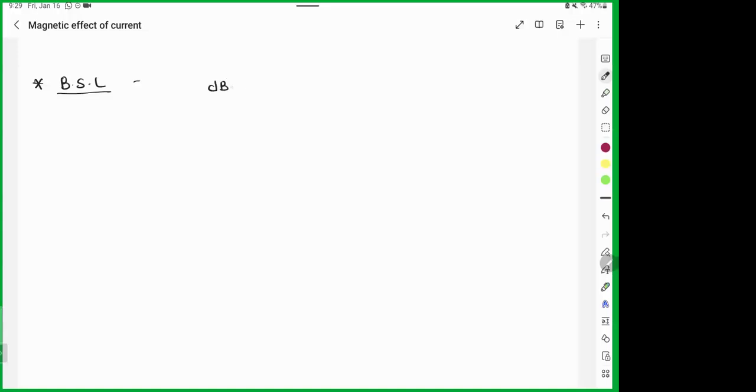Your change in magnetic field depends upon the current element by R square. Yes, sir. So dB is equal to mu naught by 4 pi, I dl upon R square, sin theta.